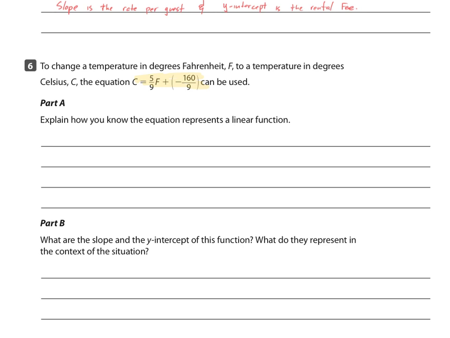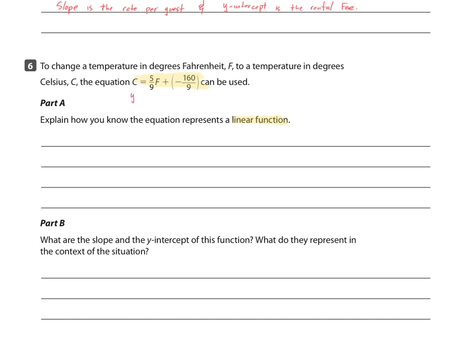Now, part A says, explain how you know the equations represent a linear function. So you're going to be checking why we can say that it represents a linear function. In this case, we need to label what our m and what our b is. And the easiest way to do it is to just write it underneath the equation.